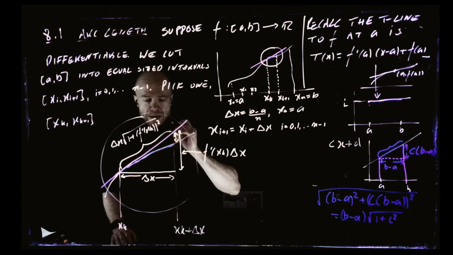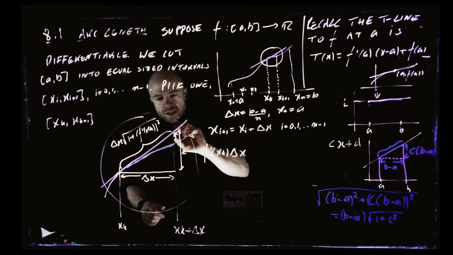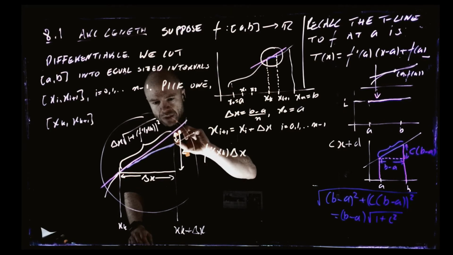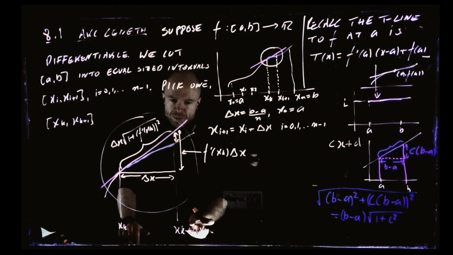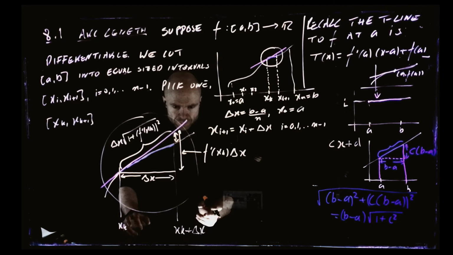Cool. And this is not quite true because there's a little bit of an error, right? But the size of the error is way, way smaller than delta of x. Yeah?